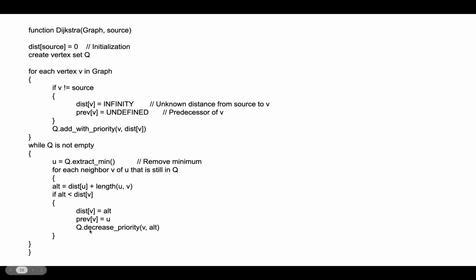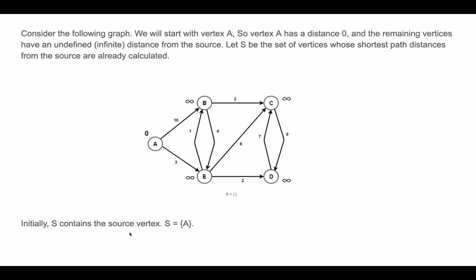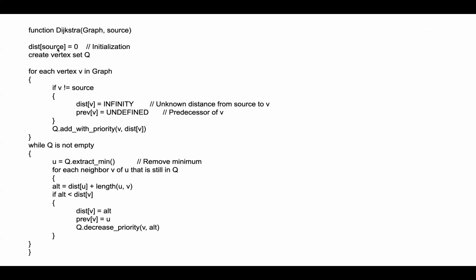And Q dot decrease priority: Q is the set of vertices, and one by one from the set of Q, nodes will get decreased. V is decreased. Then U is the neighbor of V. After completing the process of U, we assign V to the next node and U to the neighbor node of that, which was V in this case.